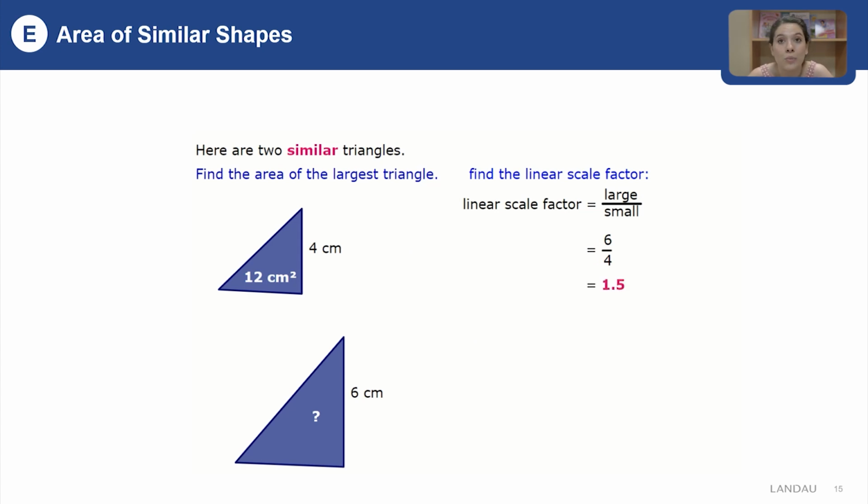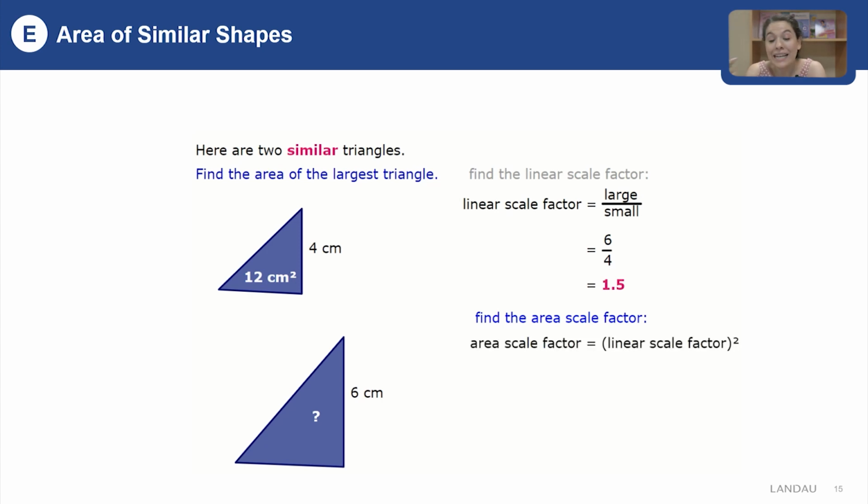It is 1.5. So the area scale factor will be the square of the linear scale factor. In order to find the larger area, we have to multiply by n squared. Do you remember from the definition?